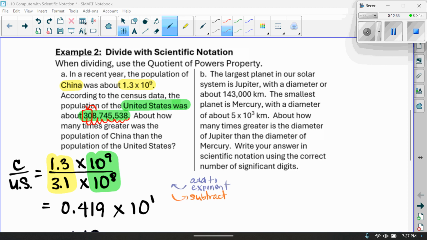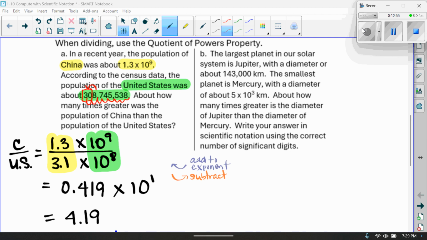The smallest planet is Mercury, with a diameter of about 5 times 10 to the third kilometers. About how many times greater is the diameter of Jupiter than the diameter of Mercury? And we want to write our answer in scientific notation using the correct number of significant digits.